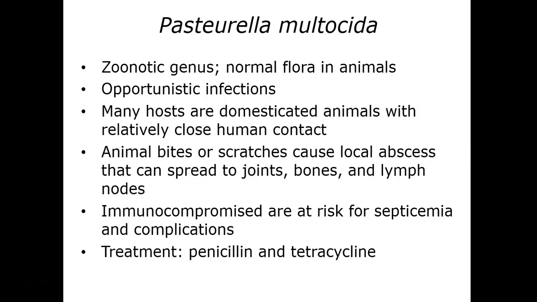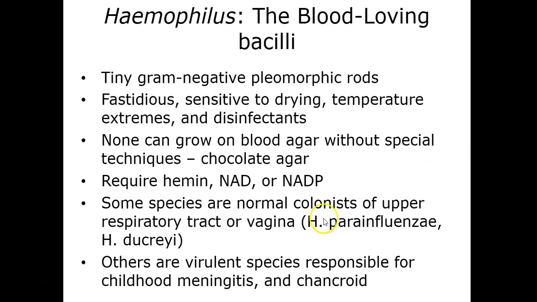Immunocompromised folks are the most common for severe infections with this particular infectious disease. So we also talk about the Haemophilus, and we're going to really focus on 2 of the members of this group today. We're going to talk about Haemophilus influenzae and Haemophilus ducreyi.